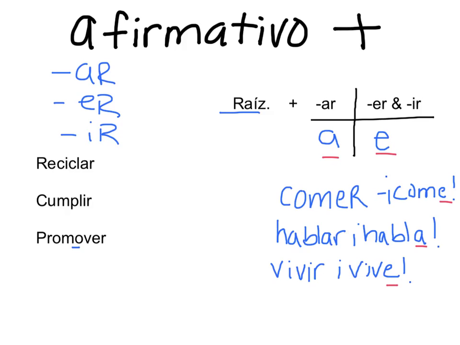And just remember that the positive tú command is exactly the same as the él, ella, or the usted form of the verb. So you're going to need to be able to distinguish between whether come means he eats or whether it means you eat. And you're going to do that by context. If someone's looking at you and talking to you, it's probably a command aimed at you, and they're probably not talking about somebody else.